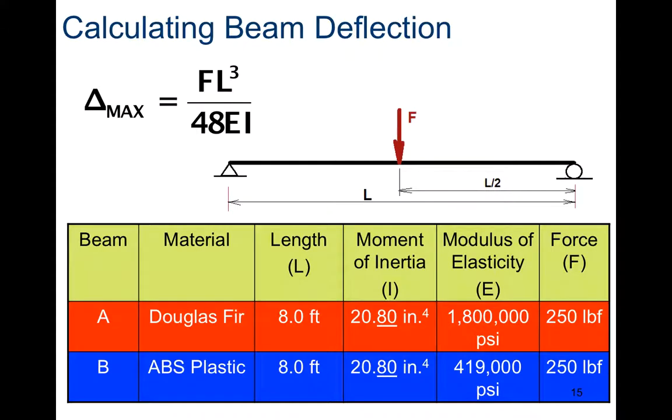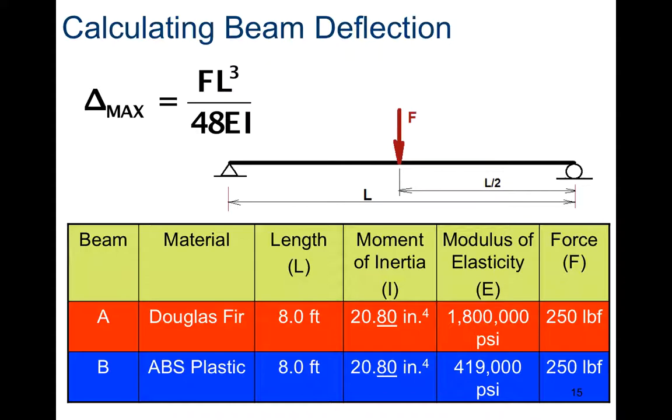Okay, here's a little more information about those materials. The modulus of elasticity for the Douglas fir is a very, very high number, 1,800,000 psi, which stands for pounds per square inch. The modulus of elasticity for ABS plastic is much smaller, about a quarter the size, only 419,000 psi.